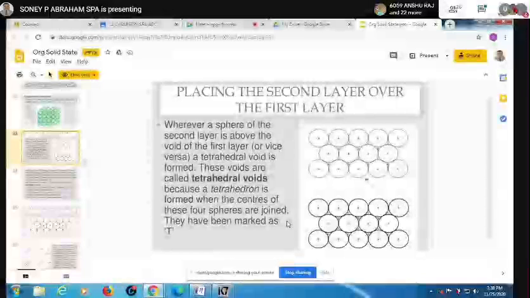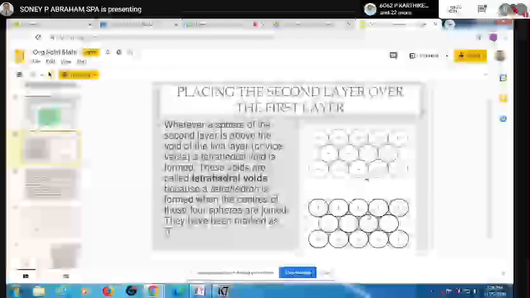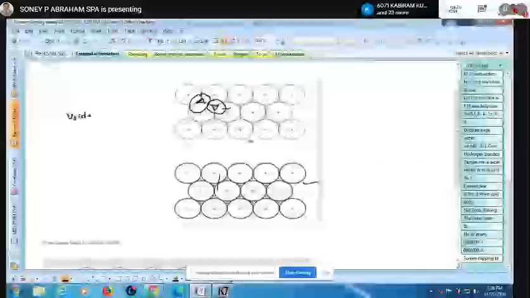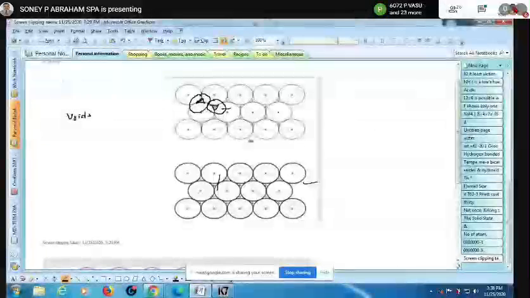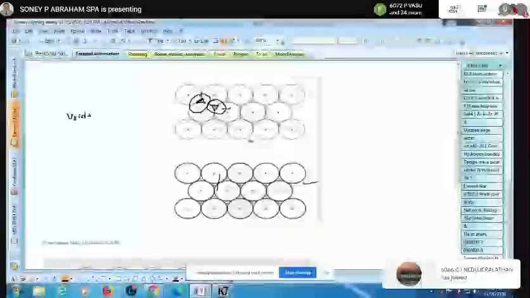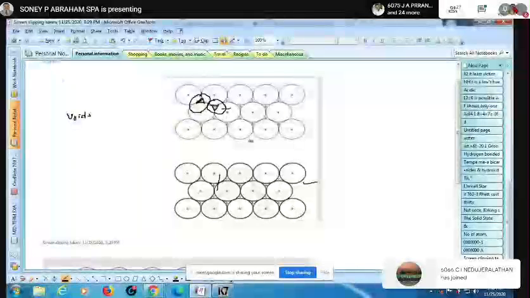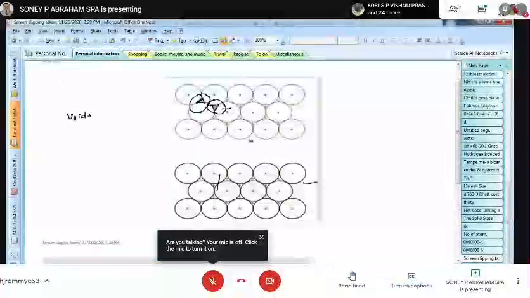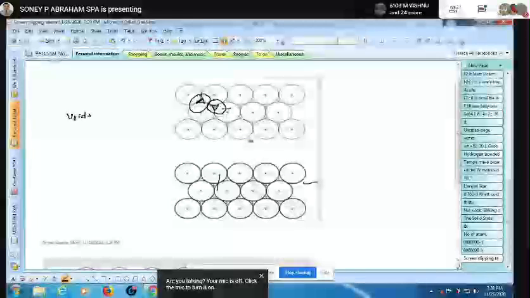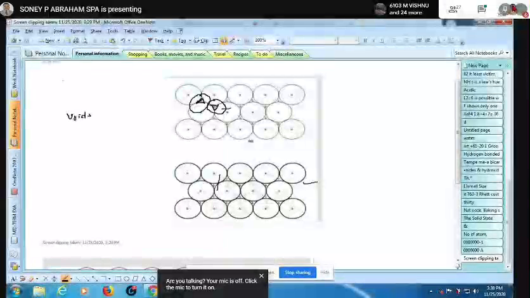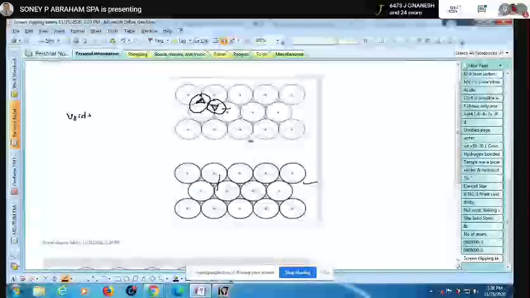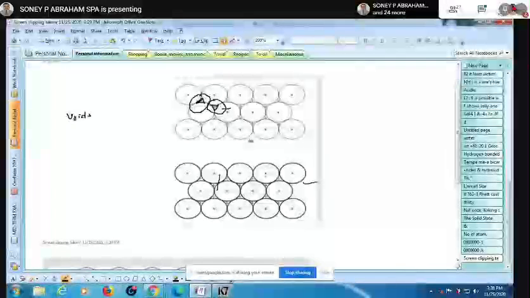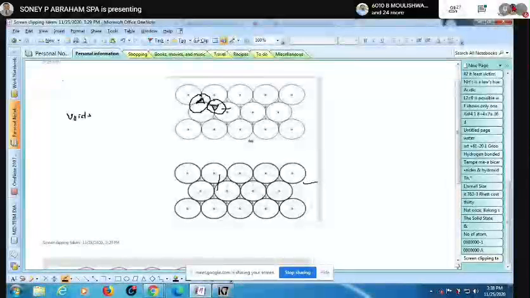So in this case, take this figure. Now you consider this void which is marked as B. How many atoms are present close to this void, this empty space? 3. 1, 2, 3, and one in the downward layer, the backside layer.